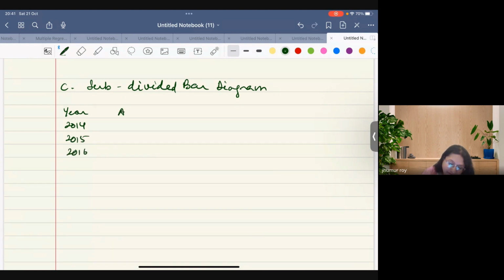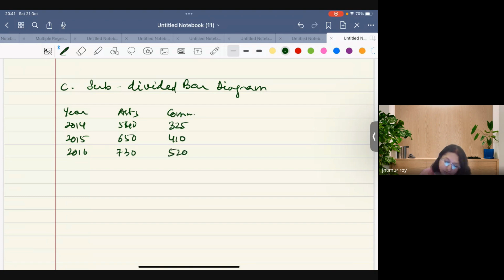Then you have arts, this is 540, 650 and 730. Then you've got commerce, which is 325, 410 and 520.